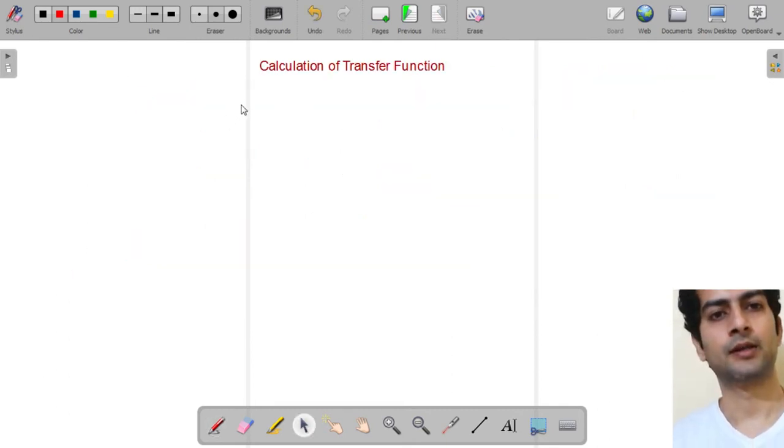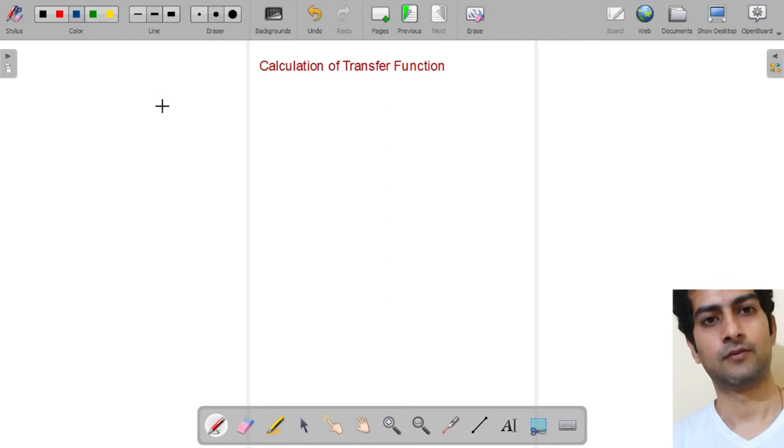Now, coming to the next point, that is calculation of the transfer function. Very important discussion. Just keep on listening to my words. Many things are hidden inside the words. Just feel it.